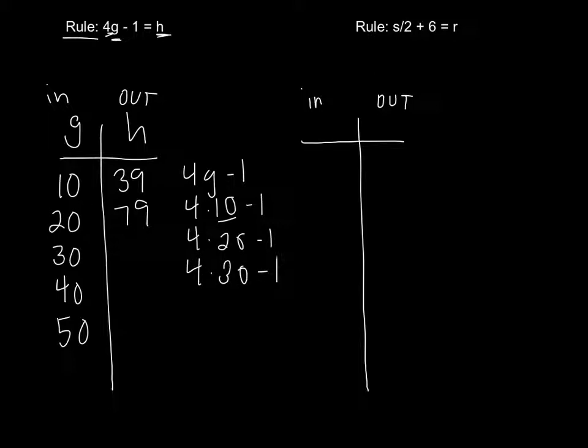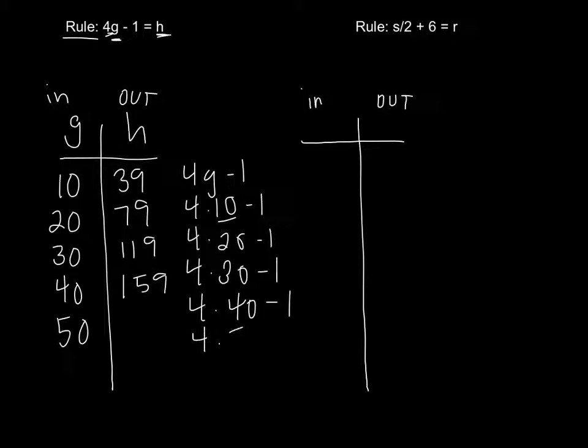4 times 30 minus 1, I know 4 times 3 is 12, so 4 times 30 is 120, minus 1 is going to be 119. 4 times 4 is 16, so I know 4 times 40 is 160, and minus 1 is 159.